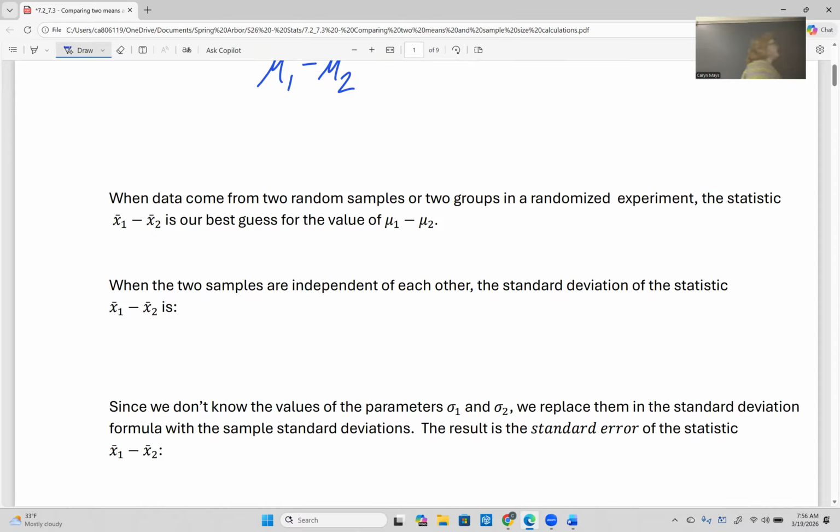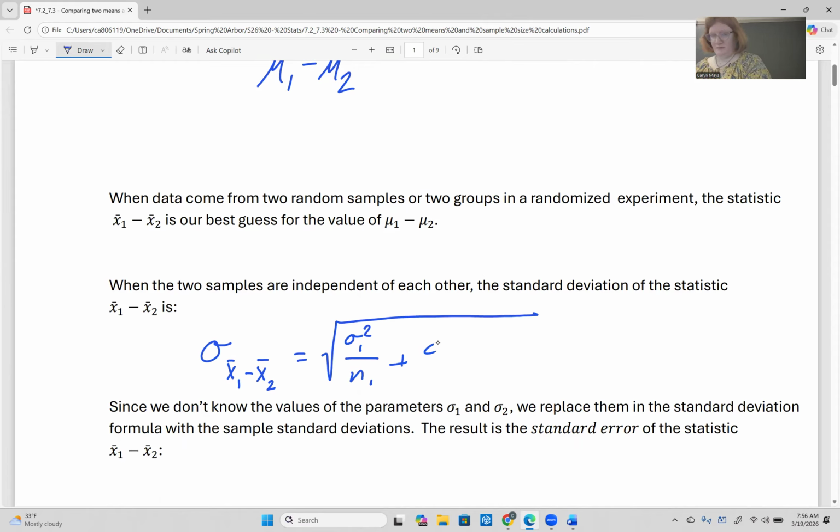And when those samples are actually independent, the true standard deviation by standard deviation rules would be this long thing where it's the variance of our first population over the first sample size plus the variance of the second population over the second sample size, square root of all of it to get the standard deviation.